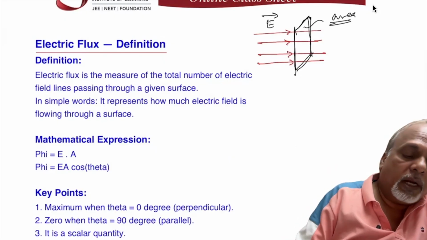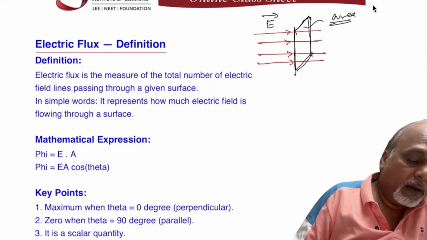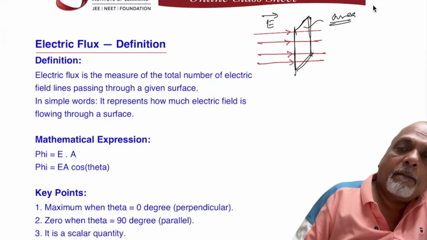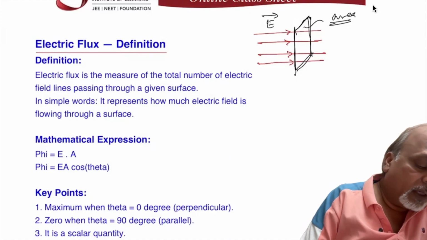Then these electric field lines are passing through this area. Correct. And this is called basically flux.